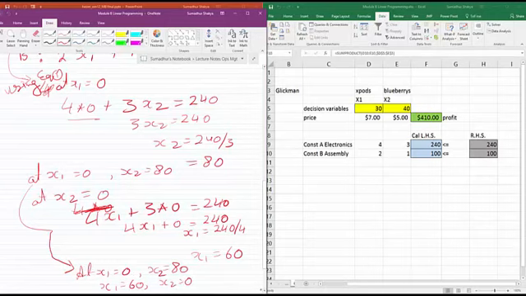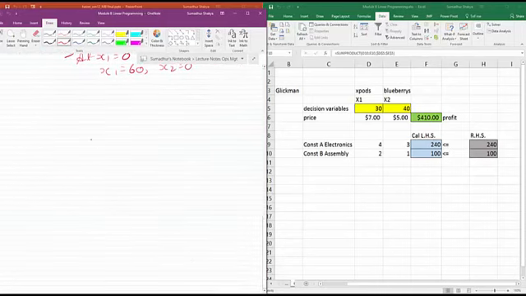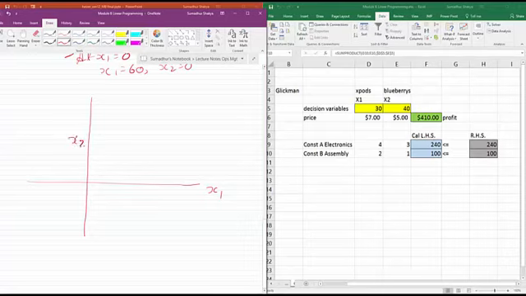If we were to plot these 2 points, we will come up with a line segment such that if this is x1, if this is x2, we mark 10, 20, 30, 40, 50, 60, 70, 80, and similarly 10, 20, 30, 40, 50, 60, 70, 80, 100.